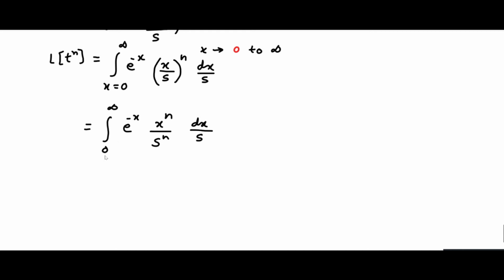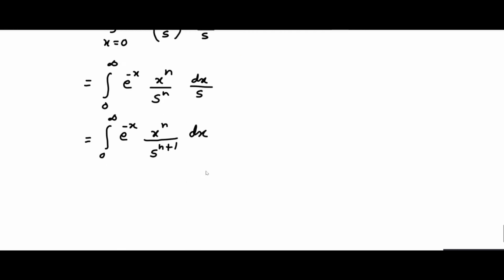So in the denominator you have s power values. I can rewrite this as the integral from 0 to infinity of e power of minus x, x power of n divided by s power of, because the bases are the same, you can just add the powers, n plus 1, into dx.